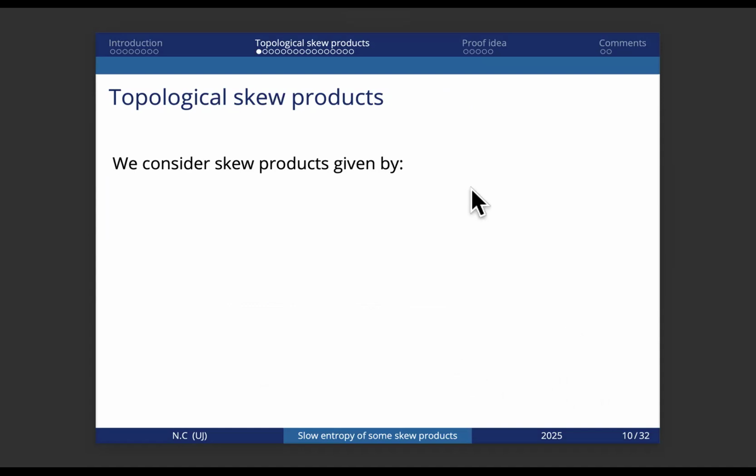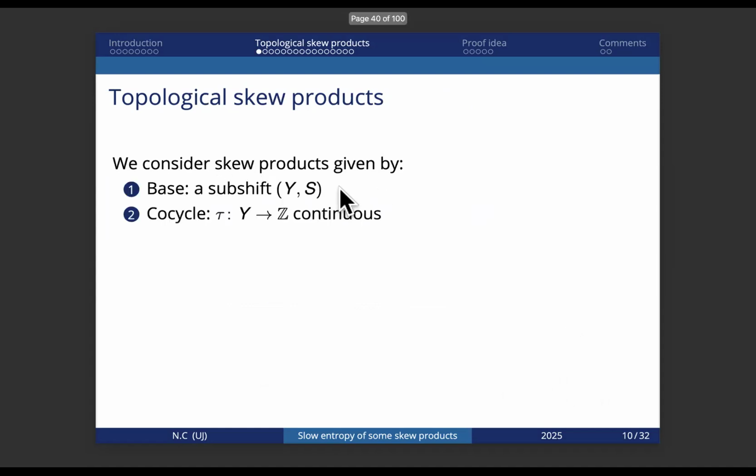So we consider systems defined as follows. We take any subshift, we take a cocycle, which is a continuous function from the subshift to the integers.